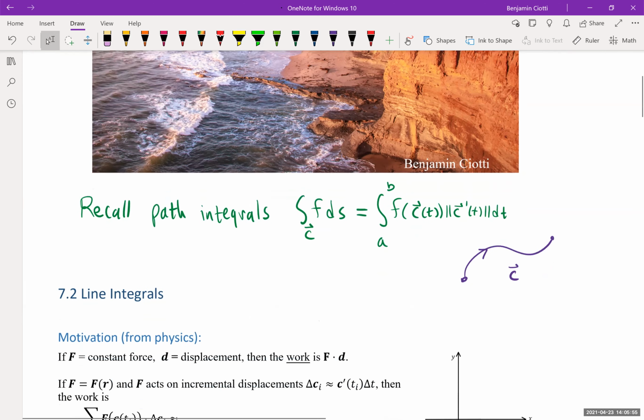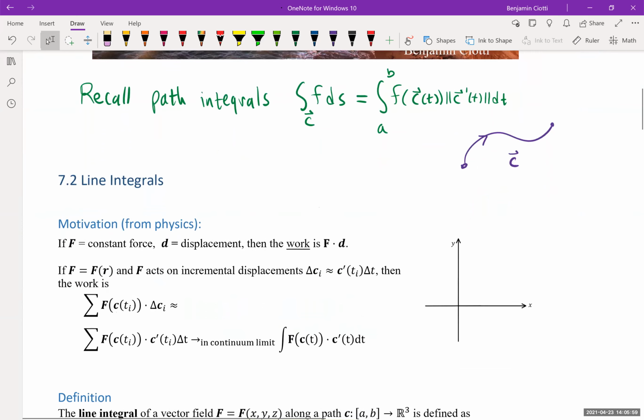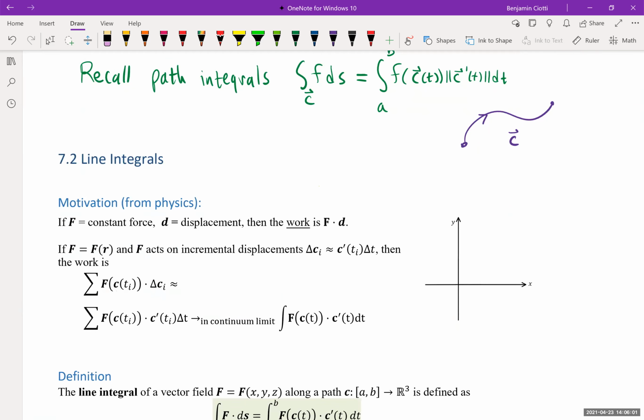The whole concept is motivated by physics, actually. The motivation comes from the concept of work in physics. You might have learned what work is. A very simple definition of work is force times distance.